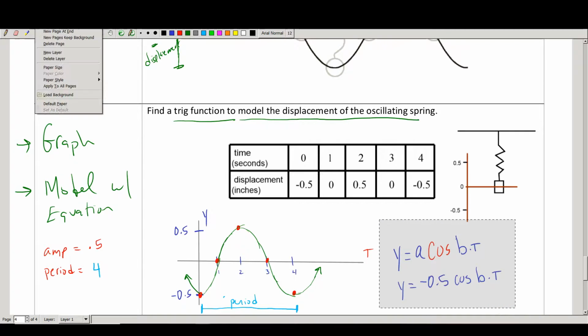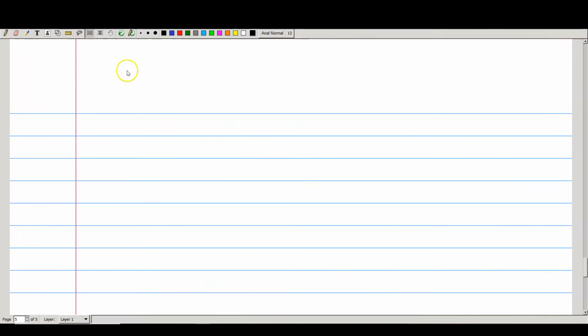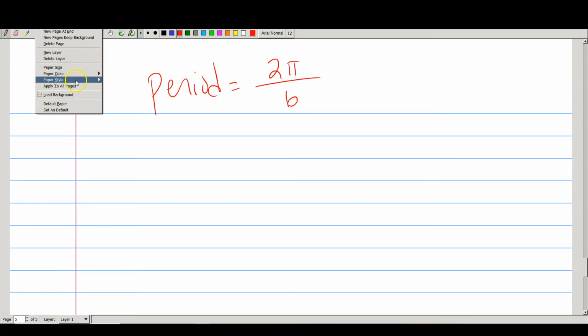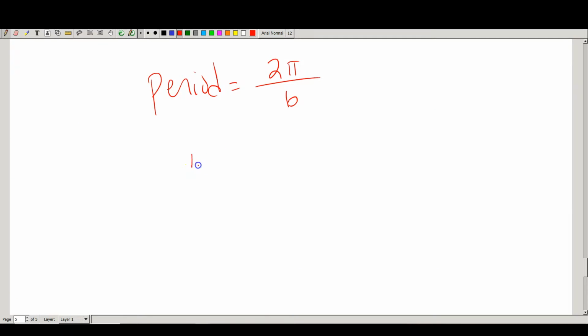Let me just bring up a new page for this. So if we know that the equation for this, the period is always, for sine or cosine, 2 pi divided by b. And we know in this problem that the period is 4. So we can plug that in and we can say 4 equals 2 pi over b, right? So what is b?